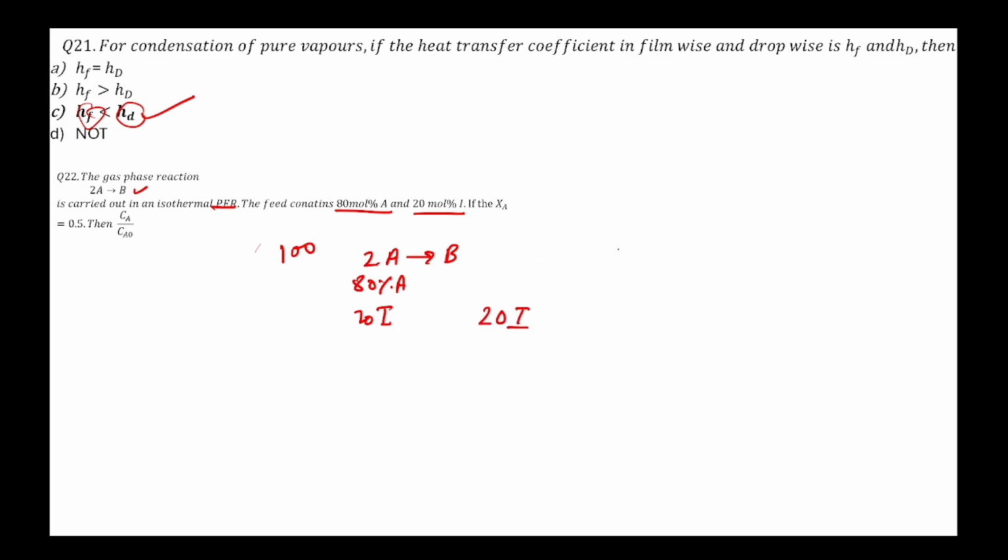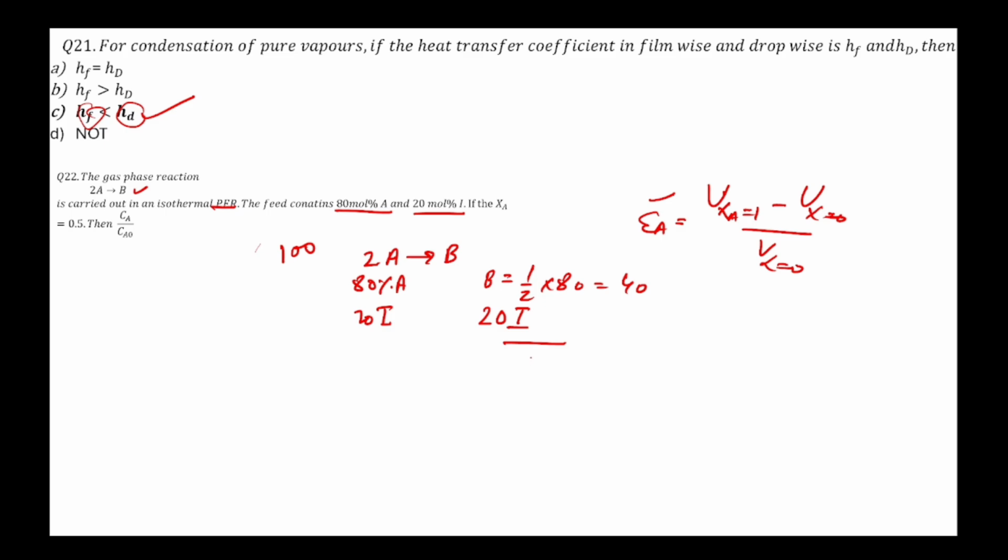But what is the formula for expansion factor? Remember, volume at XA equal to 1, full conversion, minus volume at XA equal to 0, divided by volume at XA equal to 0. See, conversion here is 0.5, but the formula for epsilon A uses full conversion. So we will find out at full conversion. At full conversion, we will form 1 by 2 into 80, that is 40.